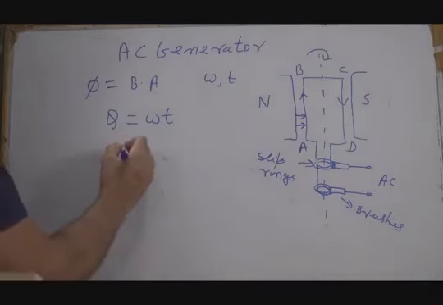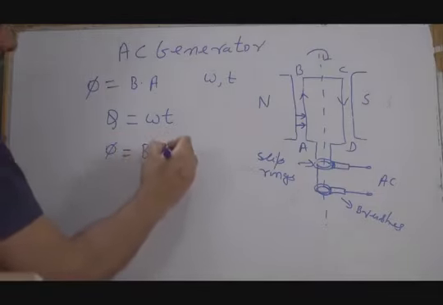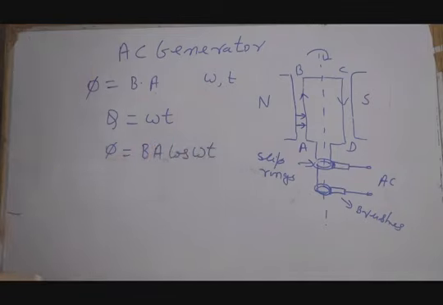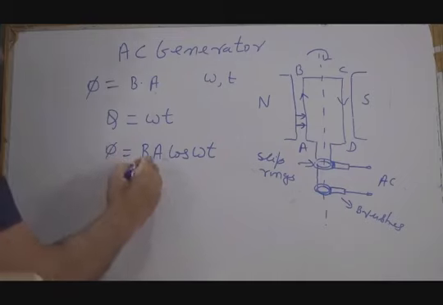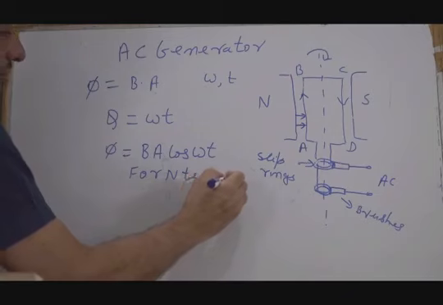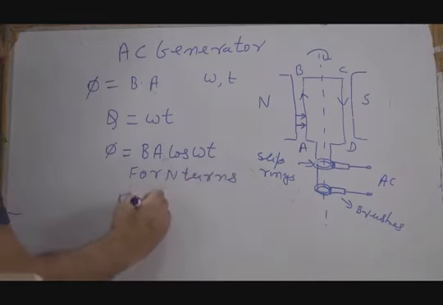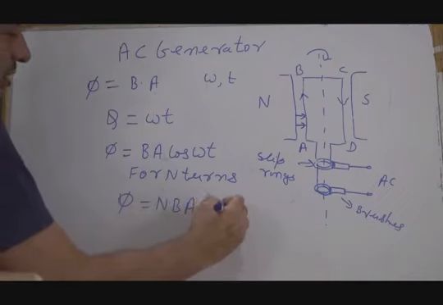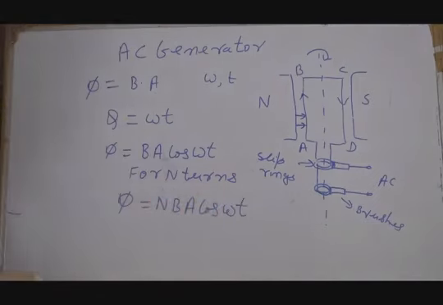So flux will be BA cos omega t. It is for 1 turn. Suppose there are N turns. So in that case, for N turns, this flux will become NBA cos omega t. So flux will be NBA cos omega t at any time t.